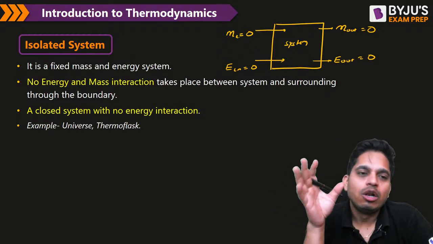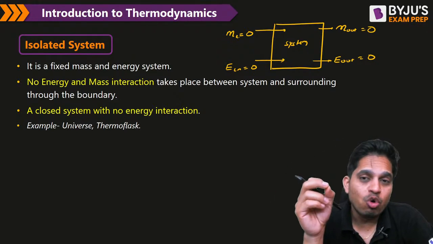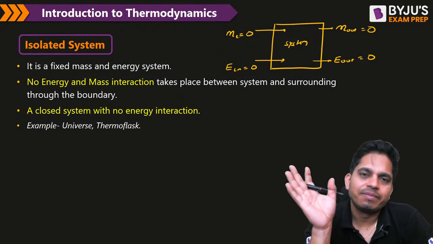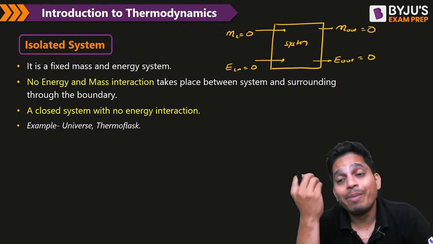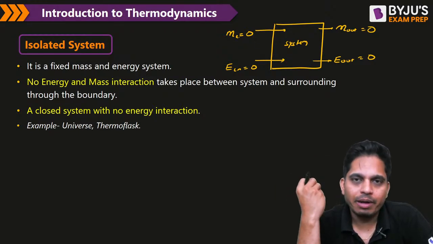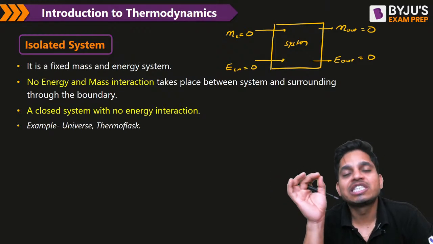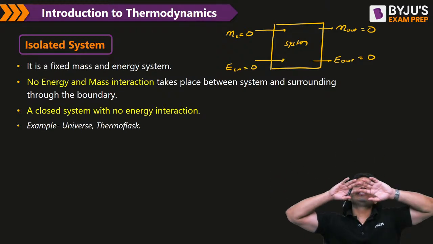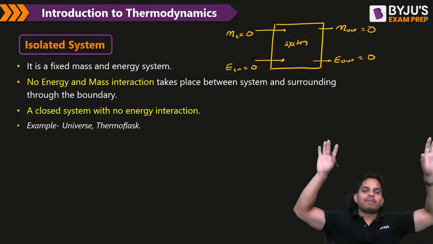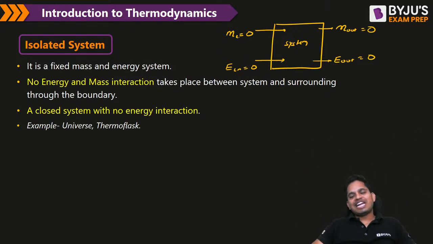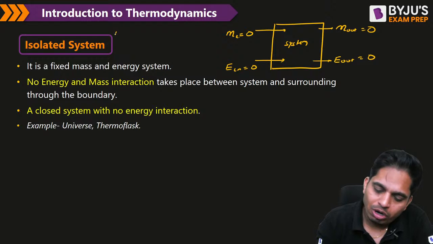That means no mass transfer is allowed. Basically, it is not interacting. It can only interact in the mass or energy way. It is not even allowing mass to interact. It is not even allowing energy to interact. That means this kind of system has nothing to do with its surroundings. I do not care what my surroundings are doing. So this type of system is called an isolated system.